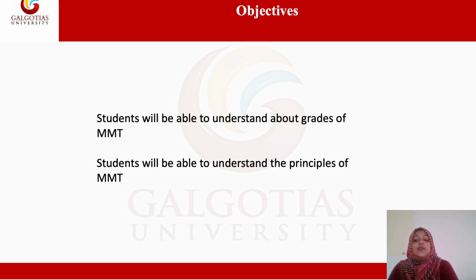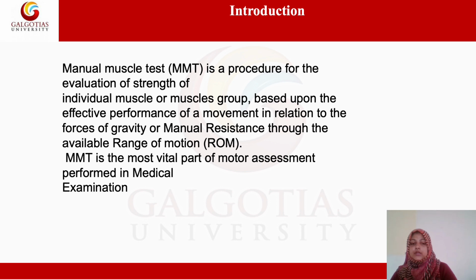The objective of this lecture is that the students are able to understand the grades of manual muscle testing. Then they will be able to understand the principle of manual muscle testing, on which principle it is established. Manual muscle testing is basically a procedure for evaluation of the strength of individual muscles. In basic terms, it is used to assess the strength of individual muscles or group muscles.